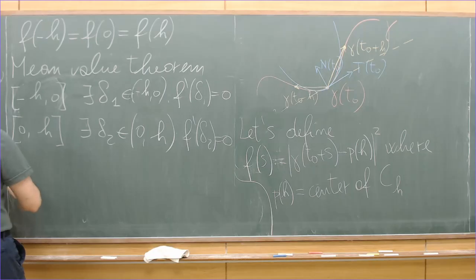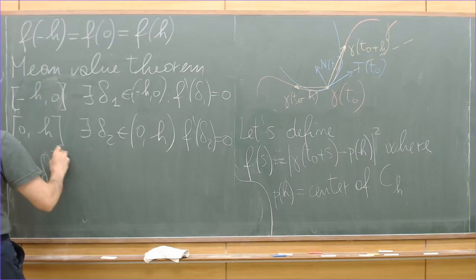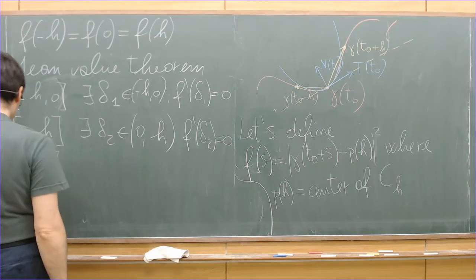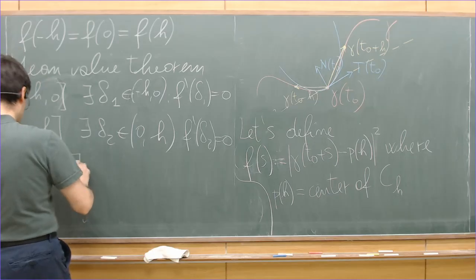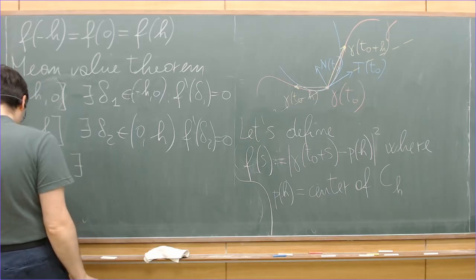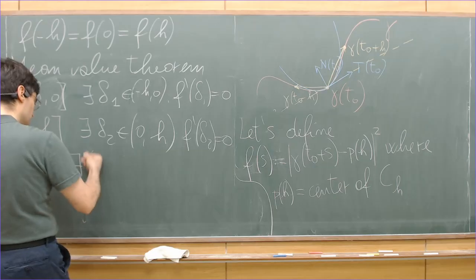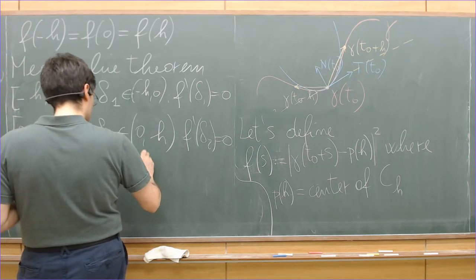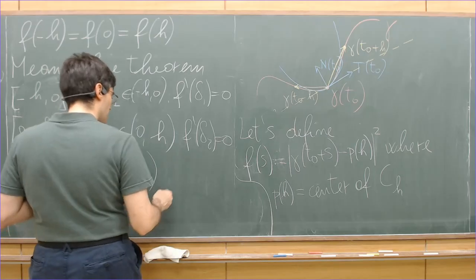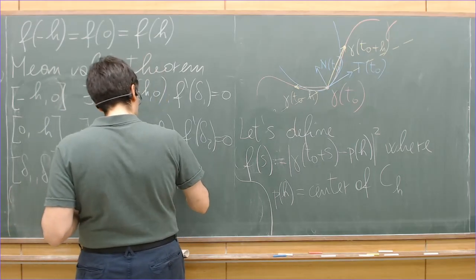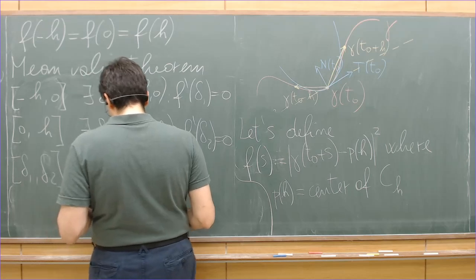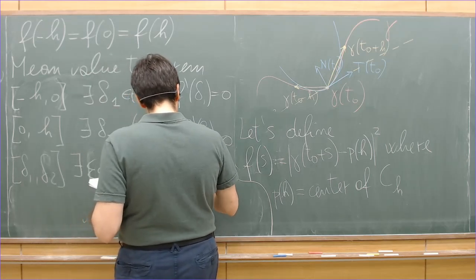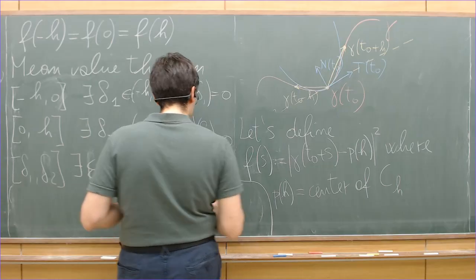We work on the interval delta 1, delta 2, and we have the existence of a point that I will call epsilon in delta 1, delta 2, such that the second derivative of f at epsilon is 0.